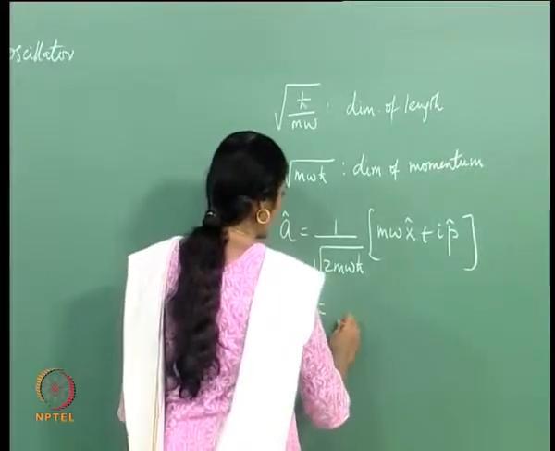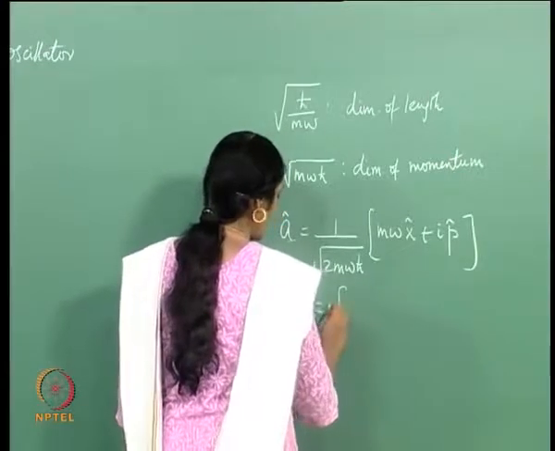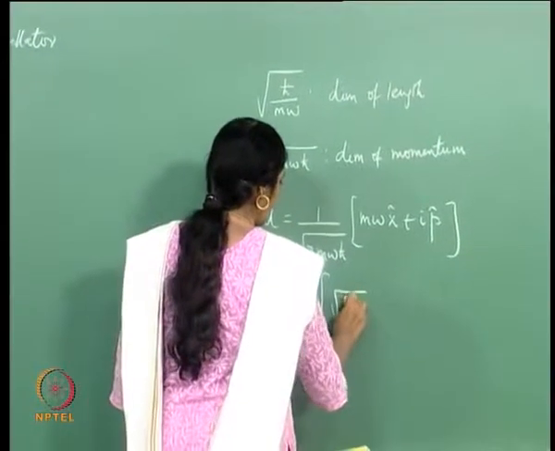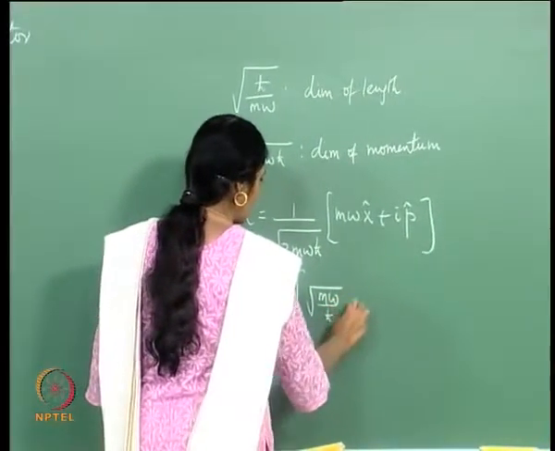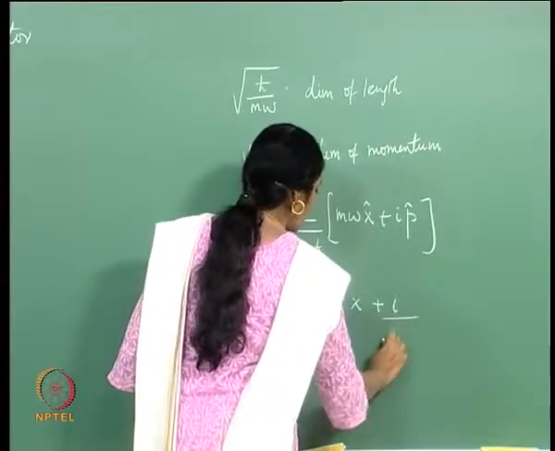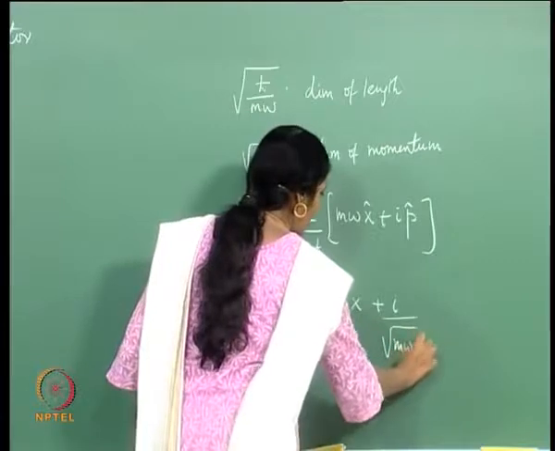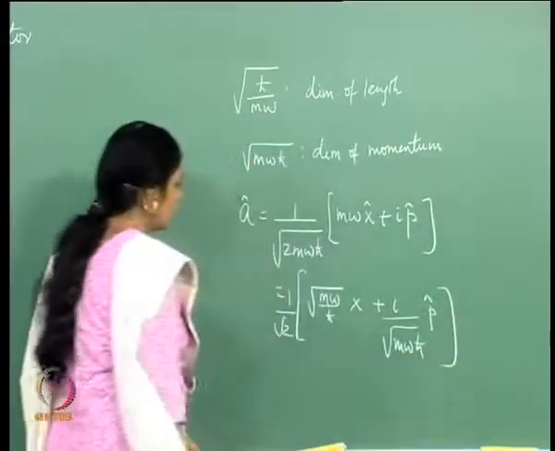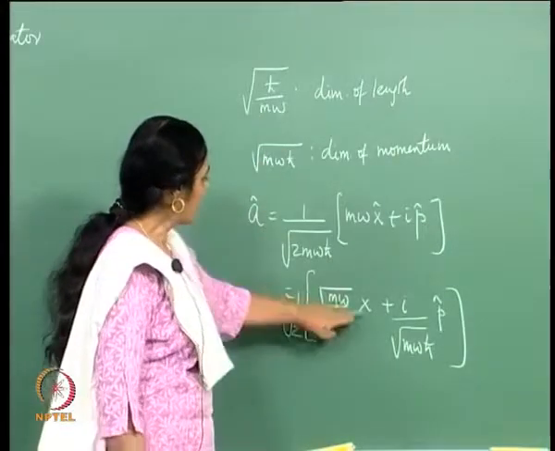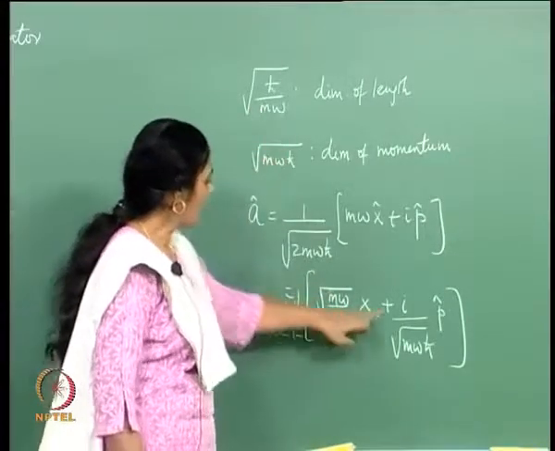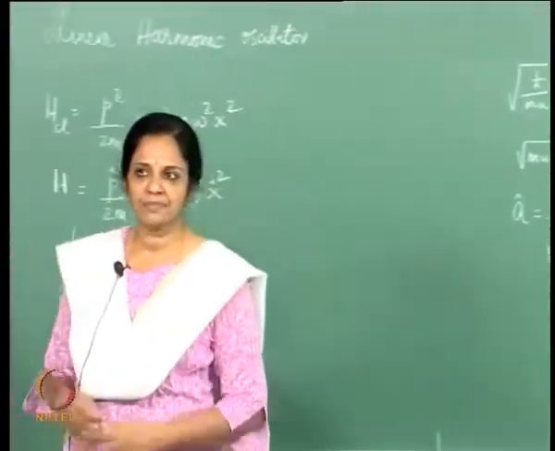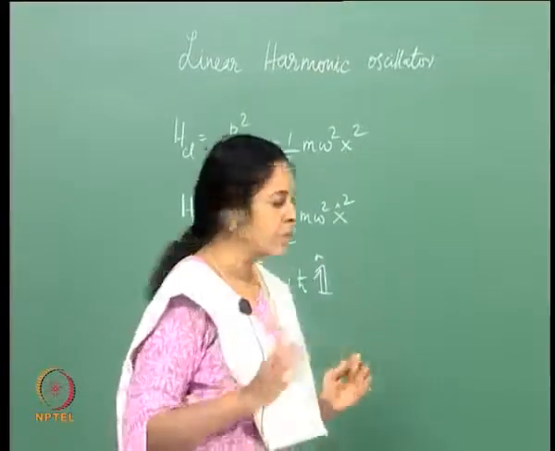You see, this object is simply 1 by root 2 times root of m omega by h cross x plus i by root of m omega h cross p. Looking at this, it is clear that I have divided out length here and I have divided out momentum there to create this object A, an operator which is dimensionless.